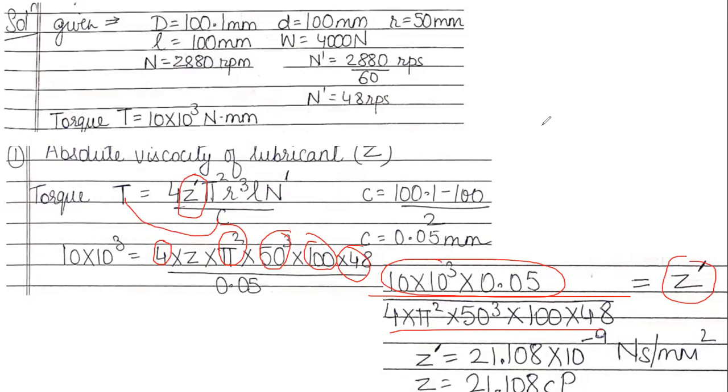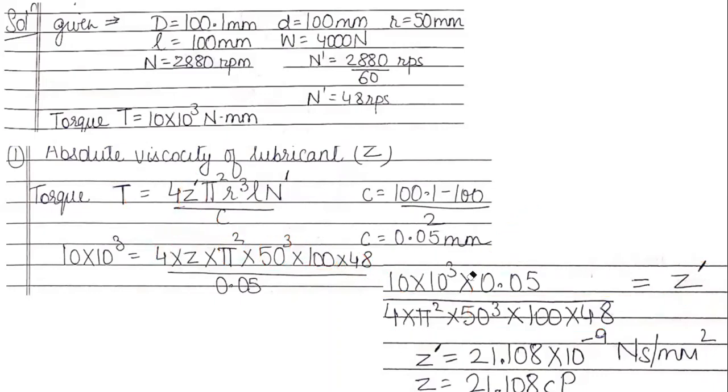So once you do the calculation of values in your calculator, the value of absolute viscosity Z dash in Newton second per mm square you will get as 21.108 into 10 raised to minus 9 Newton second per mm square. Remember this relation, 1 centipoise is equal to 1 into 10 raised to minus 9 Newton second per mm square.